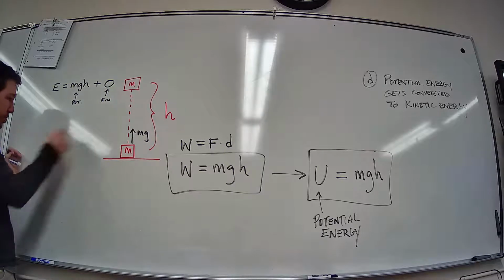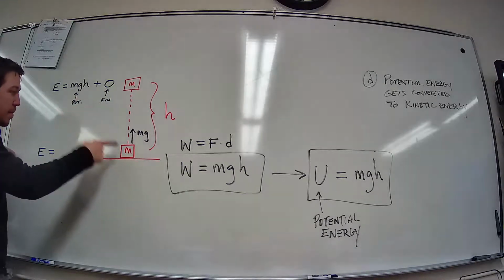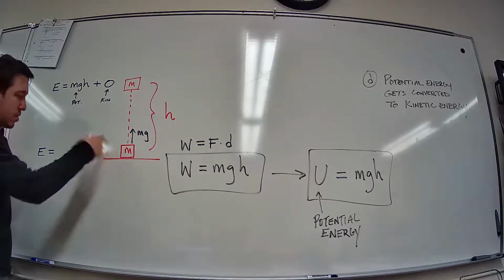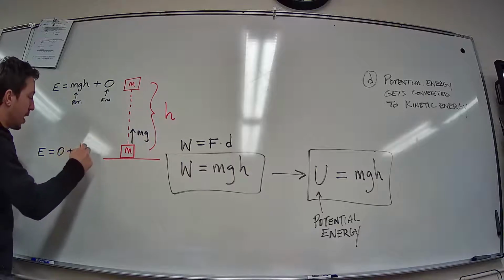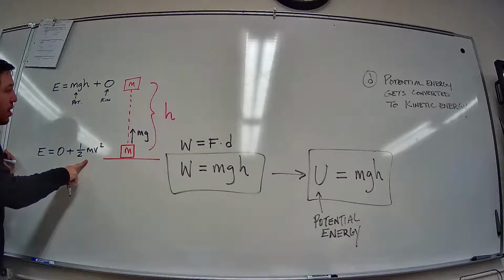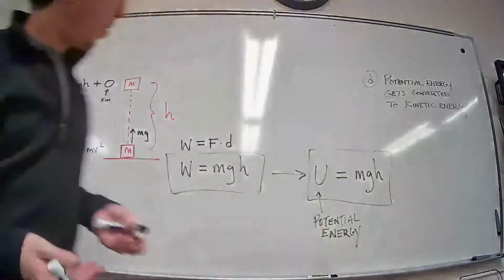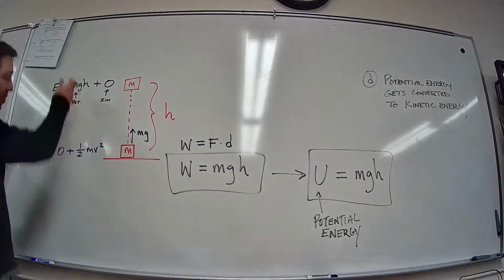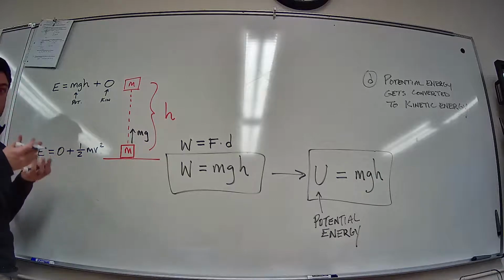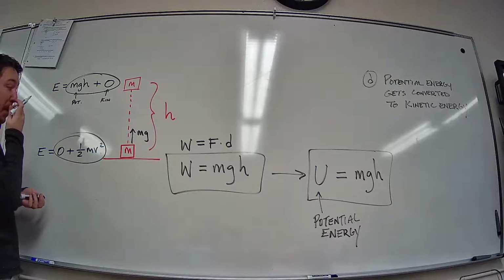Then at the bottom, down here, how much potential energy does he have if his height is zero? Zero. And now all of his energy is kinetic. The equation, of course, would be that total energy is conserved, so this has to equal this.